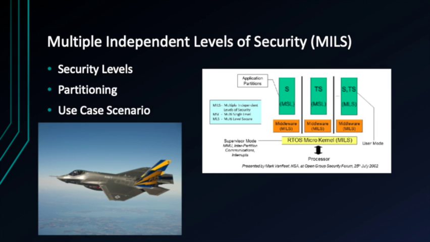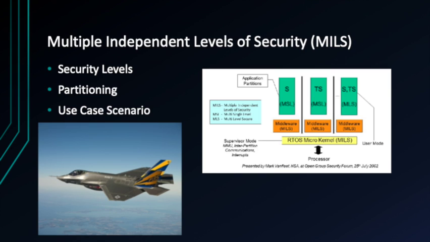Multiple independent levels of security, or MILS architecture, does exactly that. It is a technique that builds multiple bins that work independently from one another and can be customized to the level of security required for its use. This allows changes to be made to a specific level without affecting the other security levels. An example of this can be seen in modern-day fighter jets.